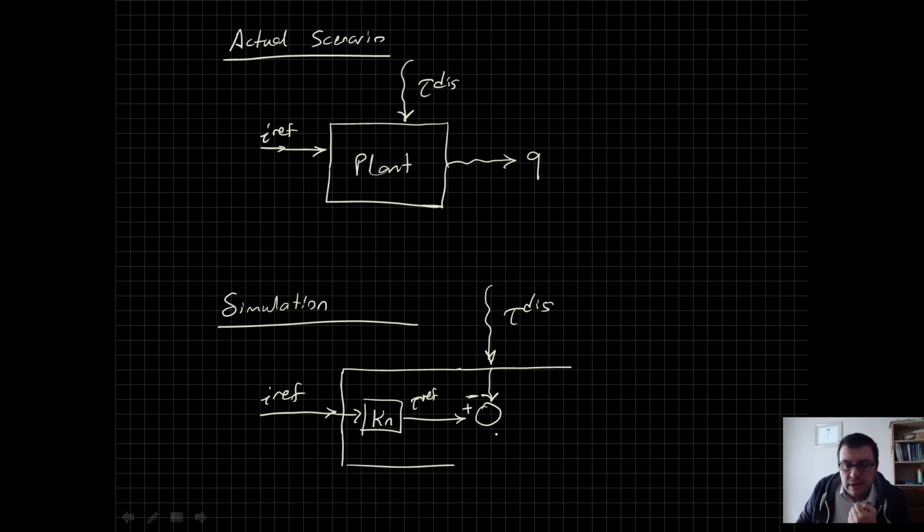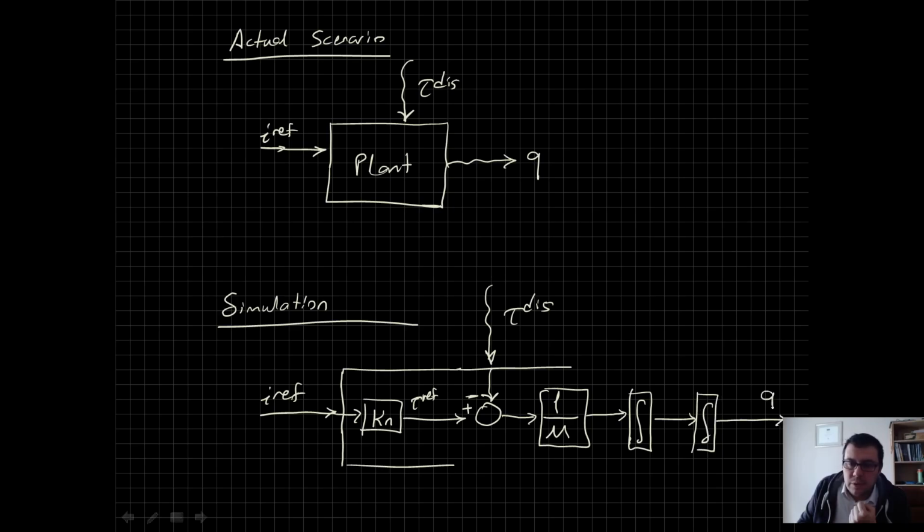So it creates a negative torque here, and then this response is divided by the mass, or the inertia of your system, and is integrated and once more integrated to give you the output Q.